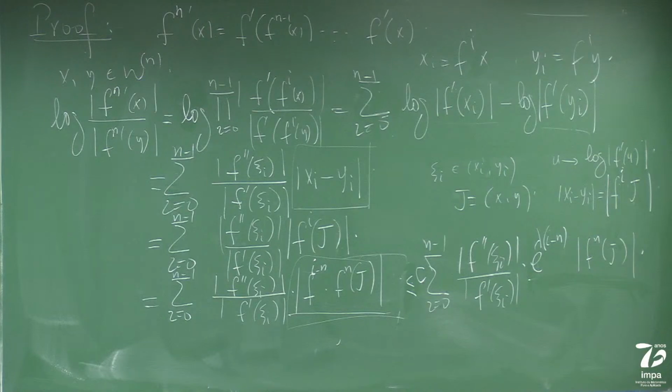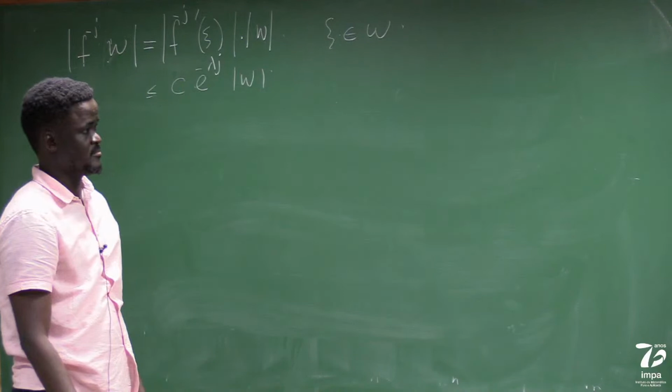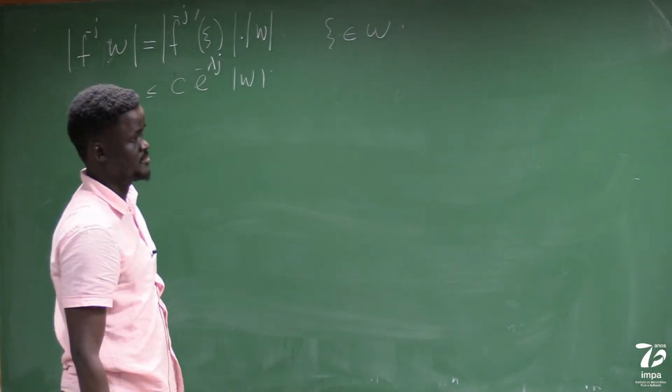Okay, this is just the mean value theorem. And this guy, by expanding, is less than c e to the minus lambda j, okay, times the size of omega. So that's what I use there.